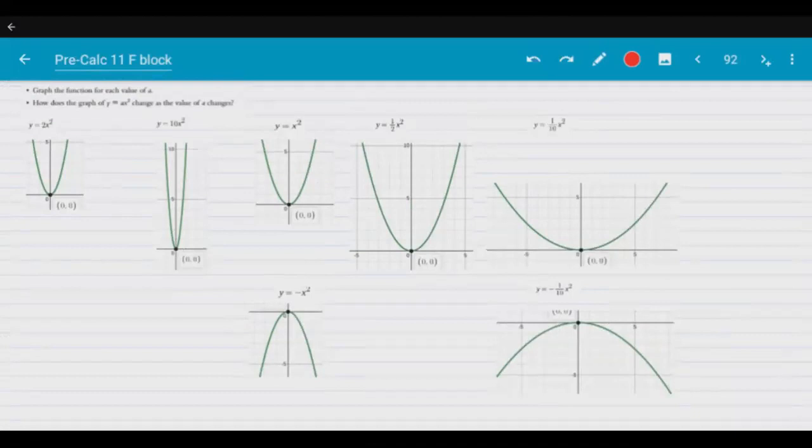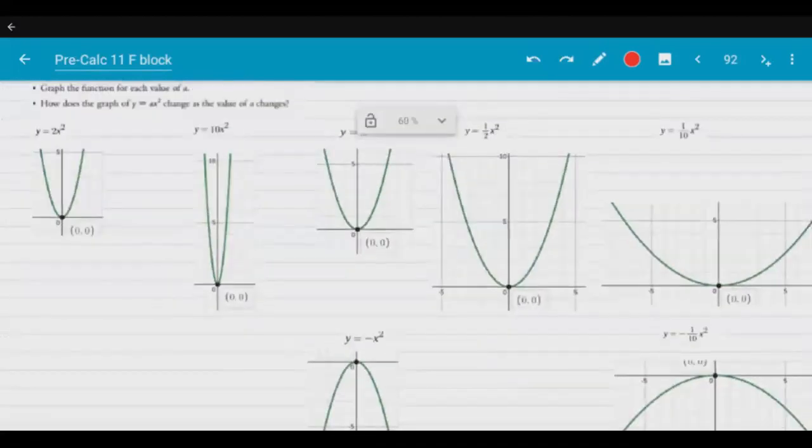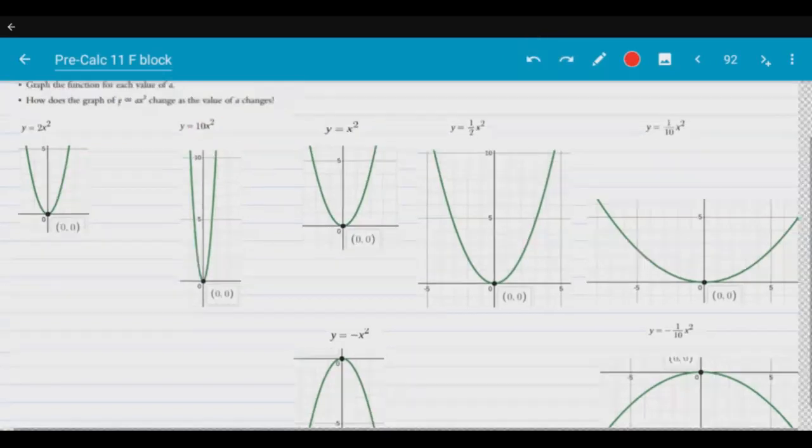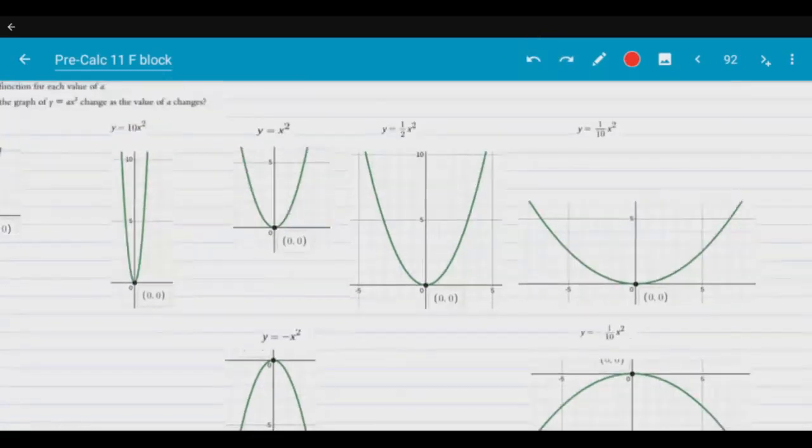If there is a number in front of the x squared which is positive and it's greater than 1, it is a skinnier version of y equals x squared. The bigger the number in front of the x squared, which is positive, the skinnier it's going to be. If the number in front of the x squared is a fraction or a decimal between 0 and 1, it is a wider version of y equals x squared, like this one, or this one.